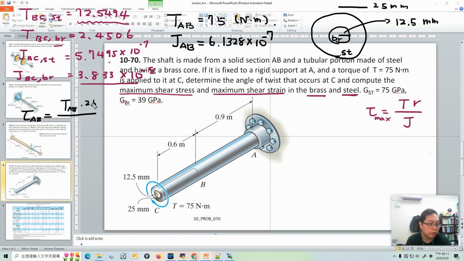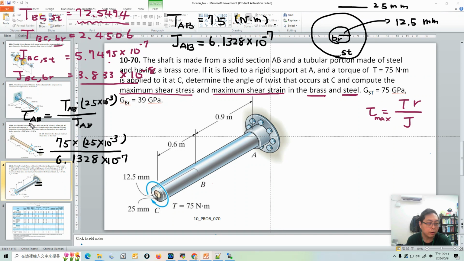Look at this graph carefully. And what's J_AB? J_AB is here. So it's very easy: 75 times 25 times 10 to the power minus 3, divided by 6.1328 times 10 to the power minus 7.